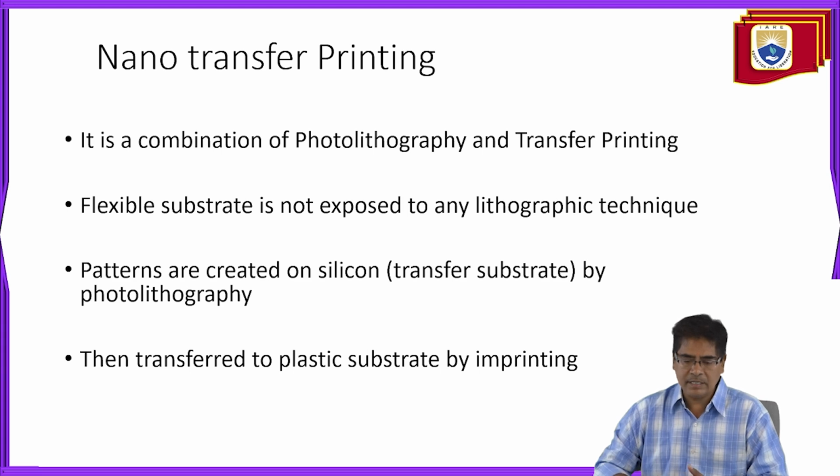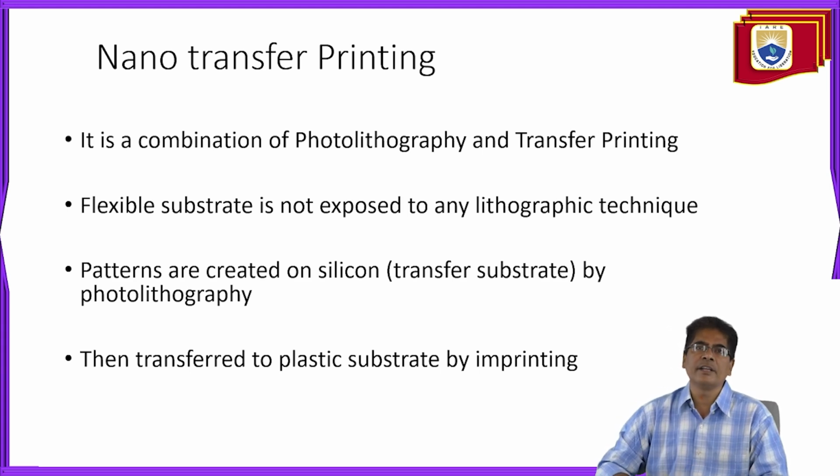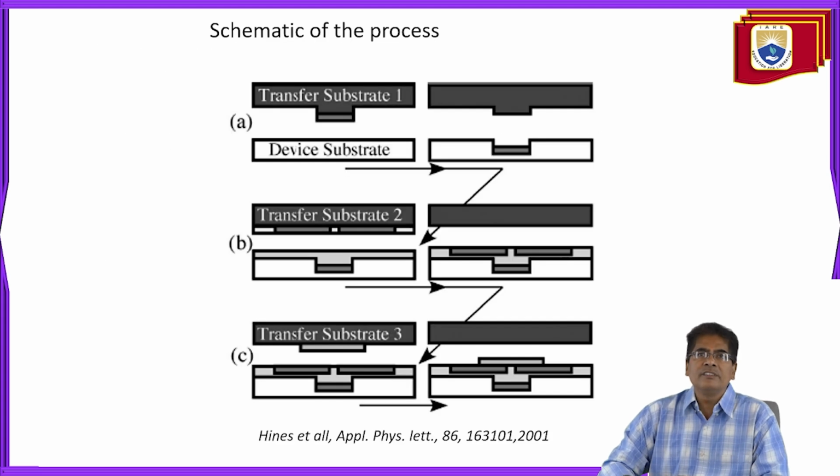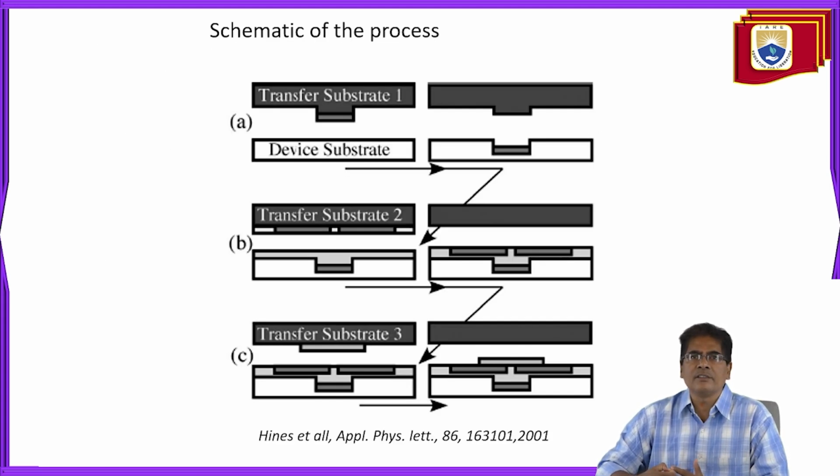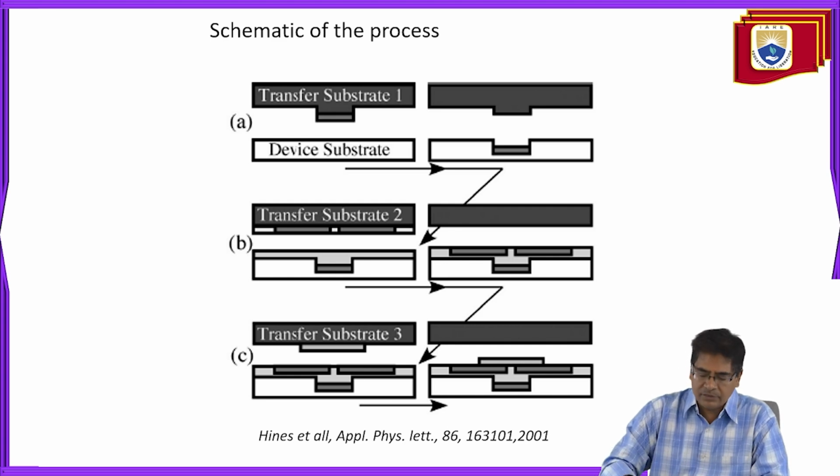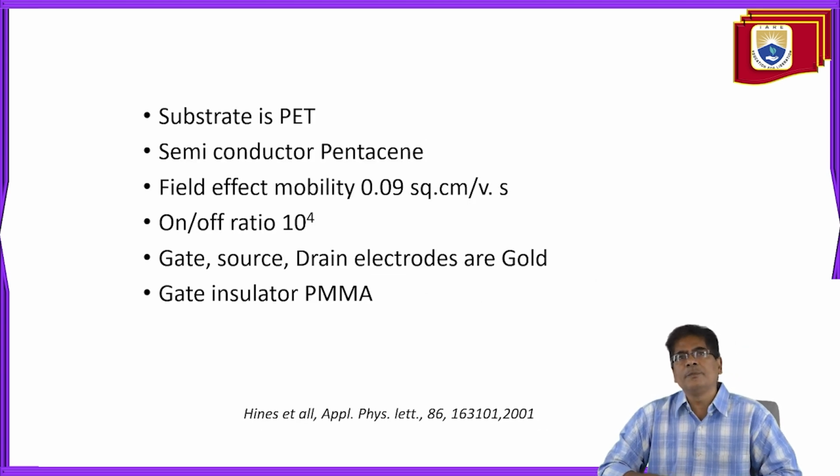So this is the schematic of the process: the transfer substrate 1 and device substrate, transfer substrate 2, and transfer substrate 3. The substrate is PET, the semiconductor is pentacene, the field effect mobility is 0.01 square centimeter per volt second, the on-off ratio is 10 power 4, the gate, source, and drain electrodes are gold, and the gate insulator is PMMA, that's a polymer.